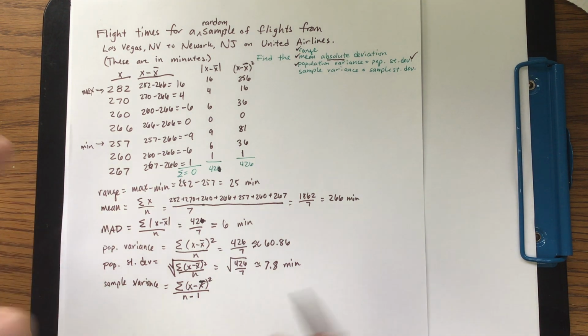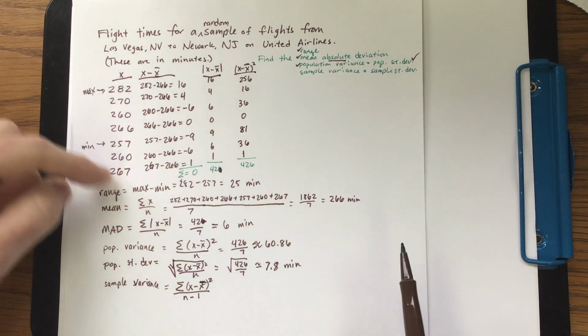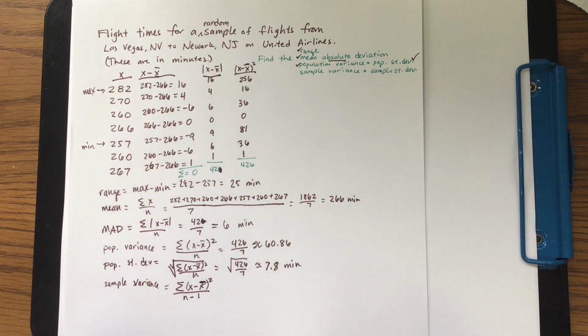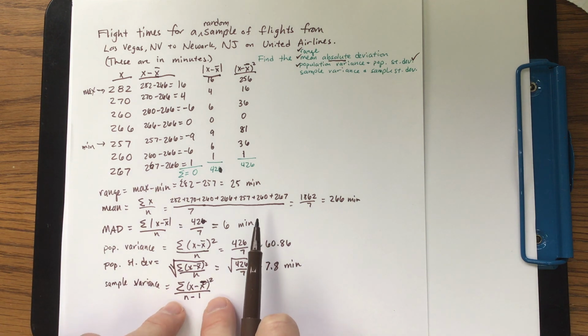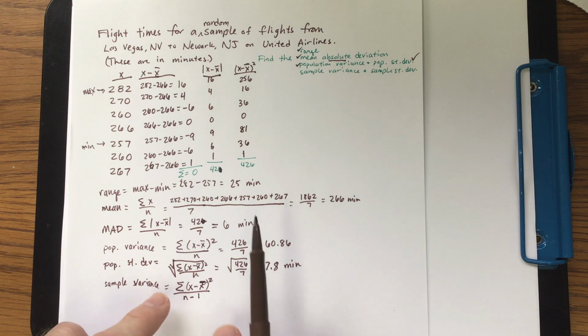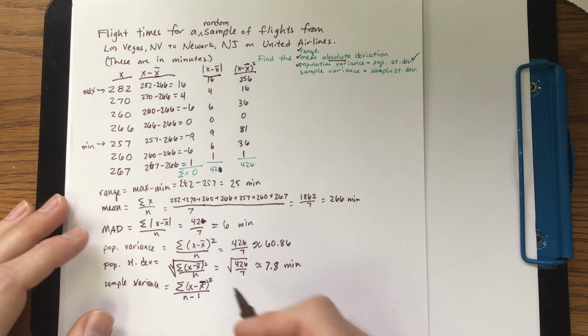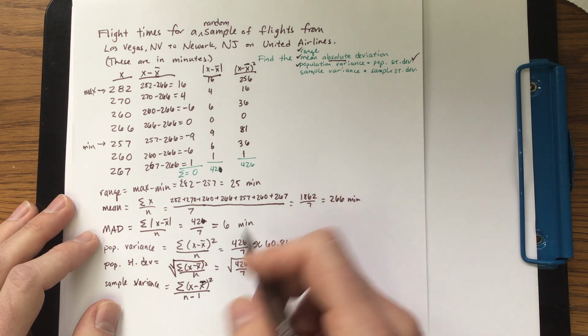This is helping us kind of make this unbiased, and that's as deep as I'm going to go with this in this class. What that does is it says we just have a sample. There might be some other values out there, and so we want to make our estimate a little bit bigger. Dividing by a smaller denominator is going to make our estimate a little bit bigger, so we can have a little more confidence in that.